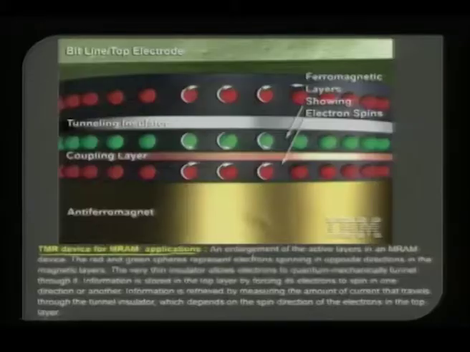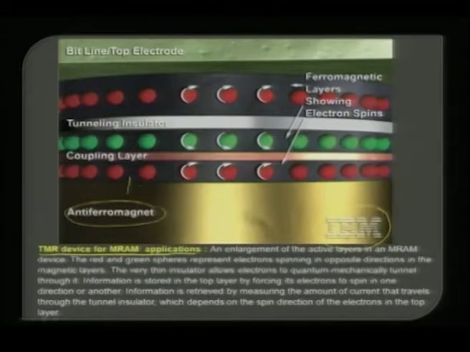An enlargement of the active layers in an MRAM device is shown here, and this is exactly the way an MRAM device will look, where you have an antiferromagnet, and this is actually pinning a ferromagnetic layer whose electrons have a spin in this direction, and then you have a coupling layer like this, and then you have the other ferromagnetic layer here.